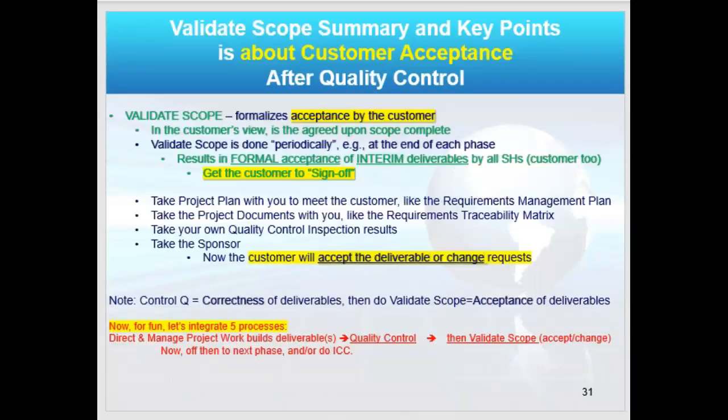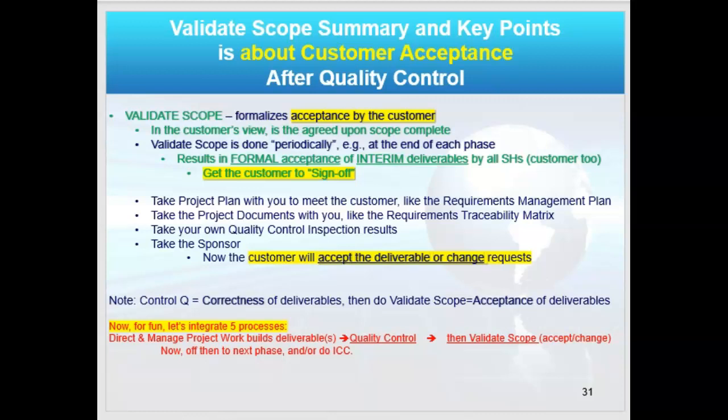So after that, I have two control processes. Remember, planning had two outputs, the scope management plan and the requirements management plan. Well, scope also has two control processes. One is called validate scope, which is about the customers looking over and inspecting the product and deciding that they accept it.